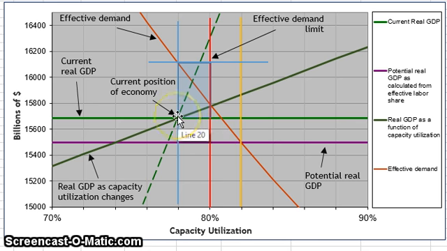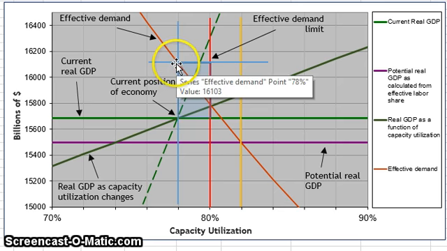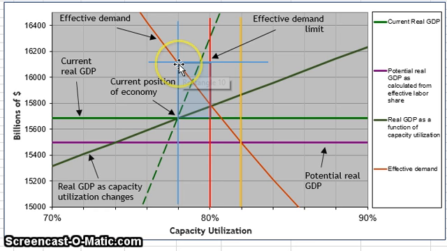On the other hand, if capacity utilization stayed the same, there is a limit to how much real GDP you can squeeze out of this capacity utilization, this upper limit. And then beyond that, the effective demand would say, okay, no more. Profits are constrained. So the economy likes to work in a little bit of room here underneath the limit.